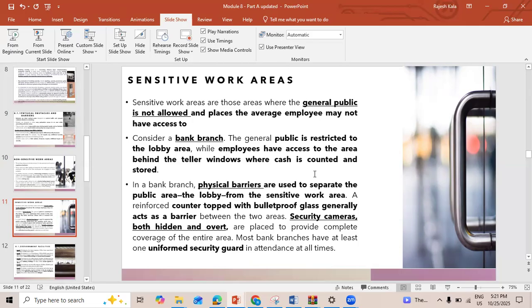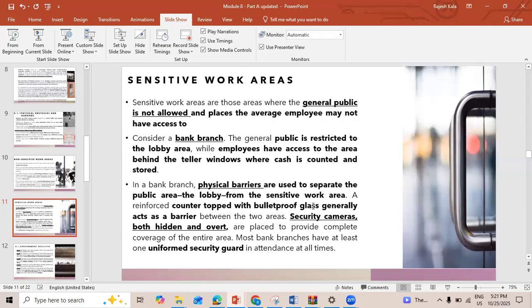On the other side of that counter there will be one employee who gets your token and verifies what transaction you want, maybe deposit or withdraw money, and does the transaction for you. You cannot go to the other side because it is blocked by some glass material, bulletproof glass, right?